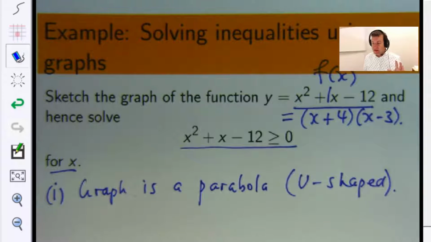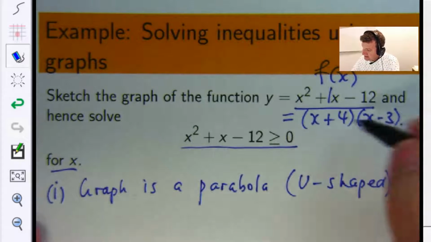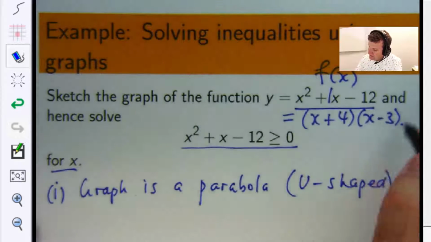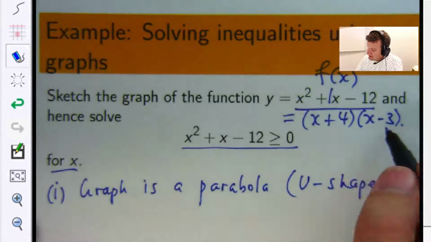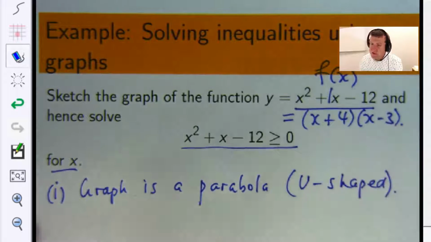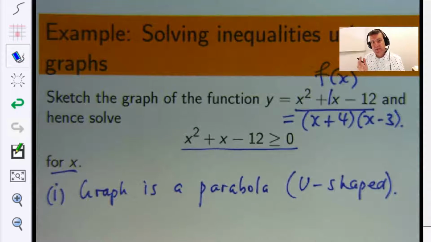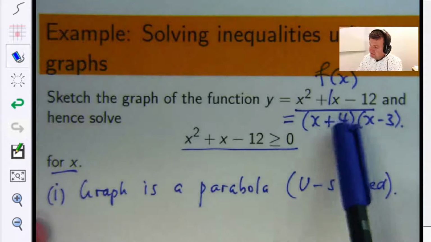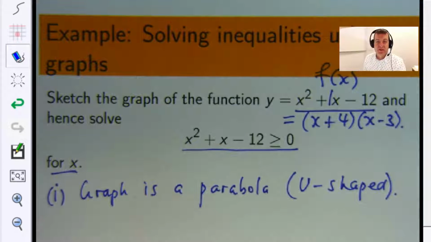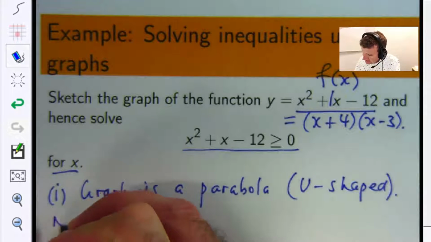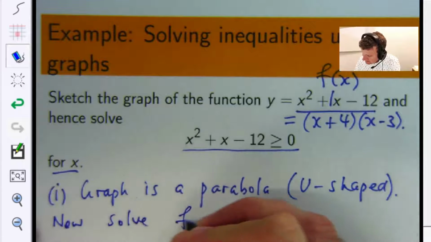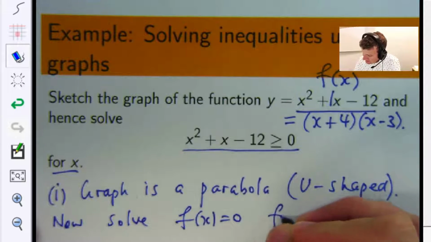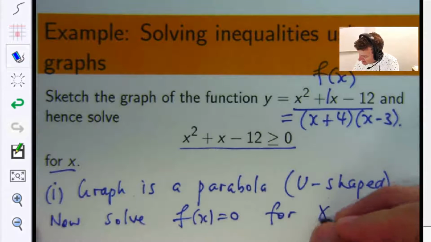The x-intercepts occur when the function is 0. Now we factorize this because if we have the product of two things and we solve for 0, one or both of those things are 0, right? So x plus 4 is 0 and x minus 3 equals 0. So we solve this for the x-intercepts.